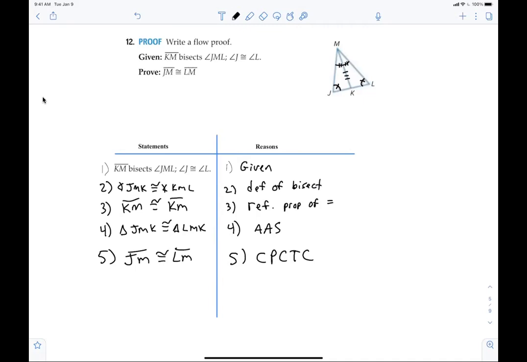Do you see what I'm saying? It only says it bisects the angle. If it said MK bisects JL, that would be true, but it is not. Is it true though? Is JK congruent to KL, guys? Yes. Is angle MKJ congruent to MKL? Yes, those are corresponding parts of congruent triangles. They just ask for other parts. Everybody good with that?